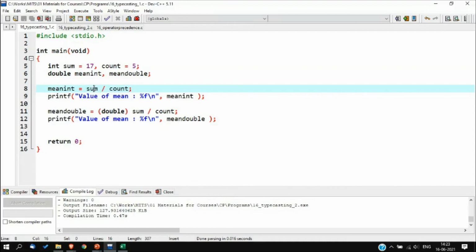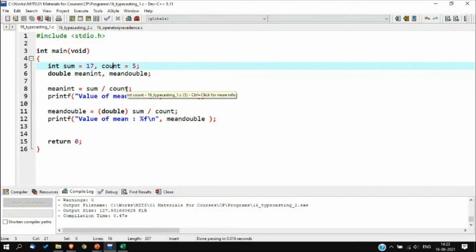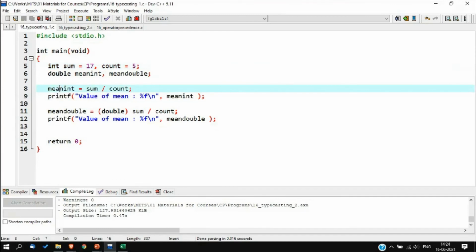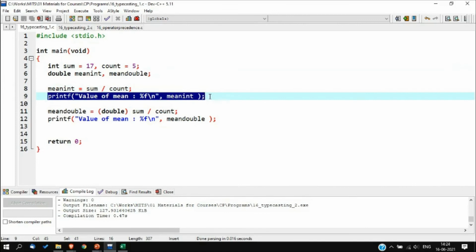See, sum is an integer and count is an integer. So the result of sum divided by count will be an integer. And since mean integer is a double value, the result of this integer division will be converted into a double value, and then that double value will be printed here.